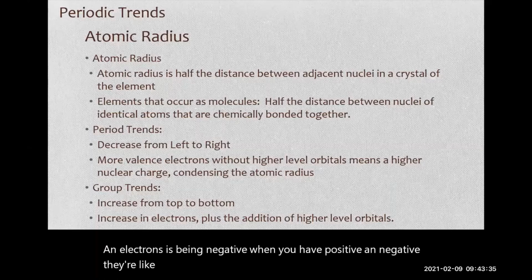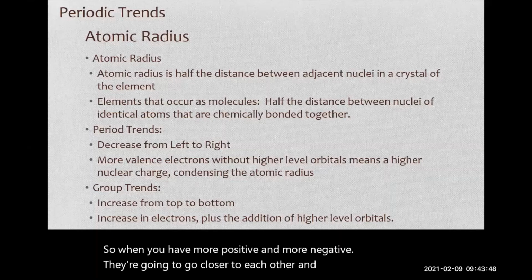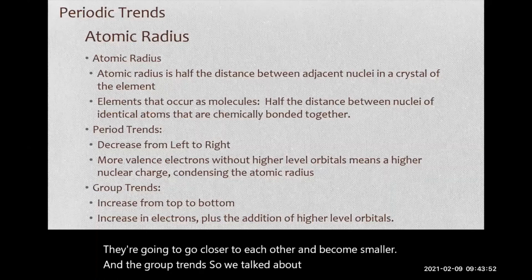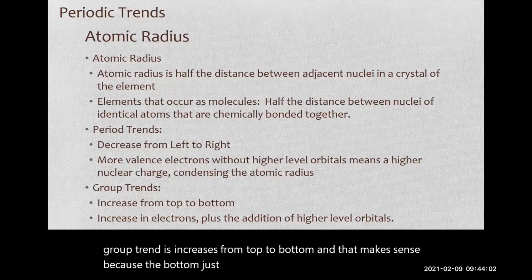They attract each other. So when you have more positive and more negative, they're going to go closer to each other and become smaller. And the group trend, so we talked about the period trend, but the group trend is it increases from top to bottom. And that makes sense because the bottom just are bigger elements, and that's why they have larger atomic numbers.